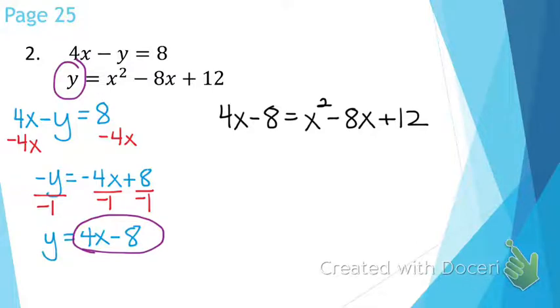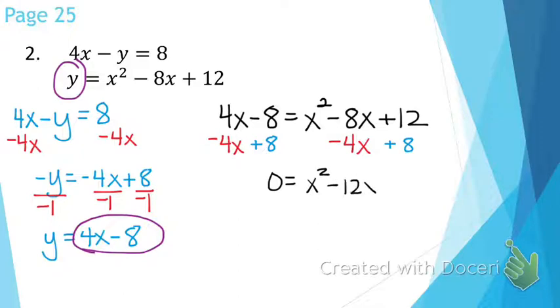Go ahead, set it equal to 0. This is homework 5, by the way. So you have 0 equals x squared minus 12x plus 20.